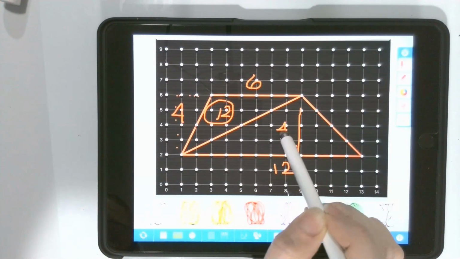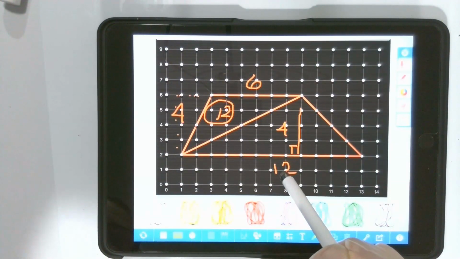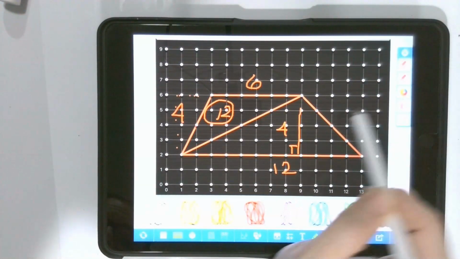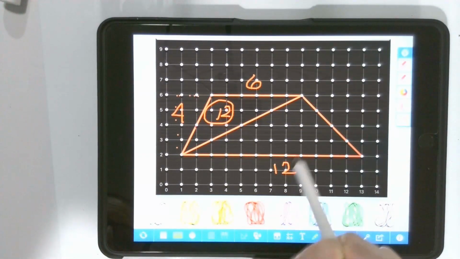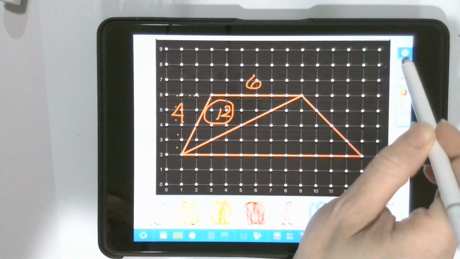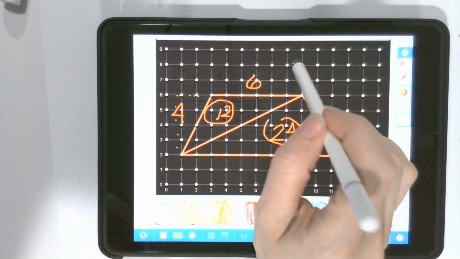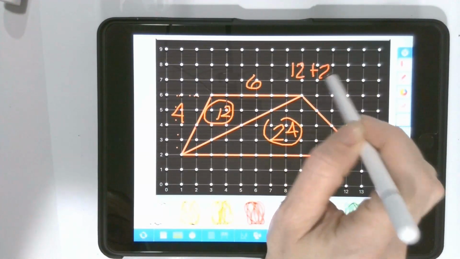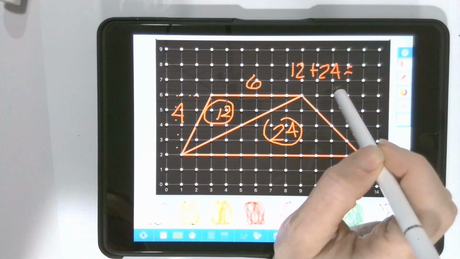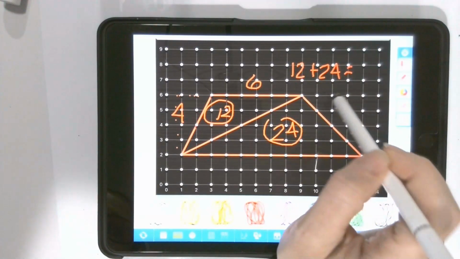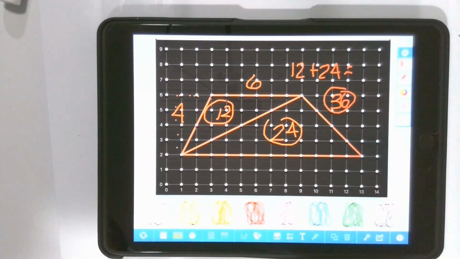So that height of 4 times 12, that's 48. But if we cut that in half, you get 24. Then you would add both of these two pieces together, 12 and 24. That's going to be 36. So those are two ways to get the area of a trapezoid.